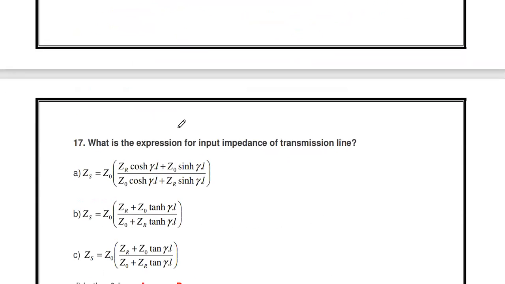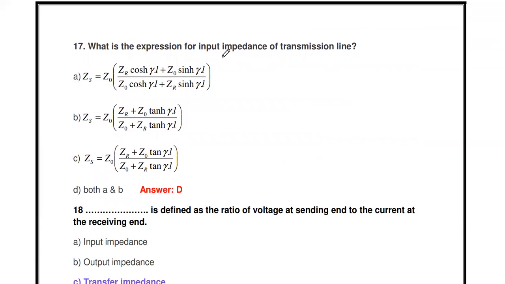Then the next thing: what is the expression for the input impedance of a transmission line? You just remember the answer. The input impedance of a transmission line is Zs equal to Z0 into (Zr cosh eta L plus Z0 sinh eta L) by (Z0 cosh eta L plus Zr sinh eta L).